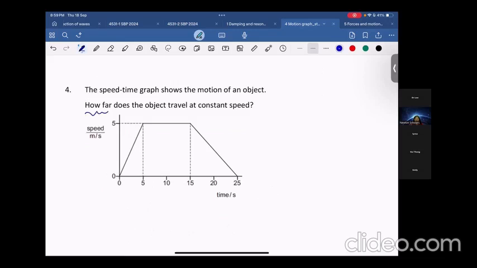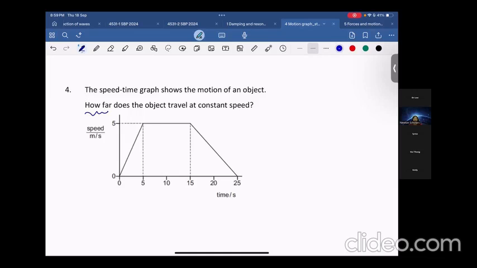Okay, number 4, right guys? How far? That means distance. How far does the object travel at constant speed? Can you try and then tell me number 4, how far? Try to do the calculation.